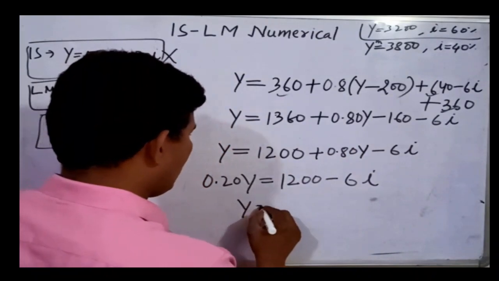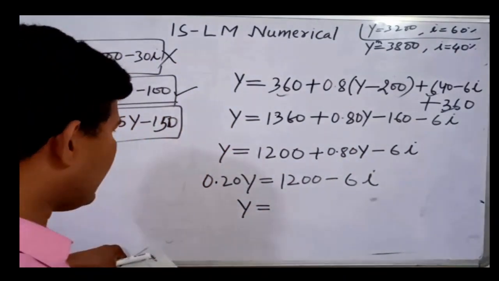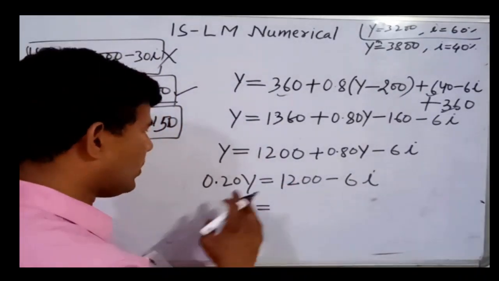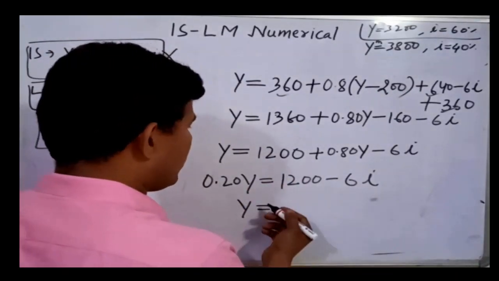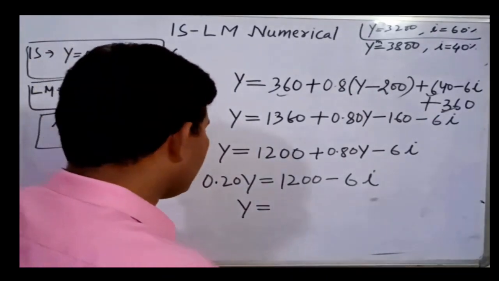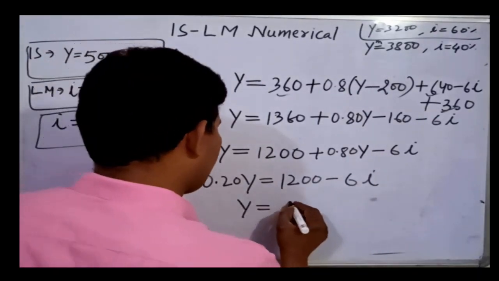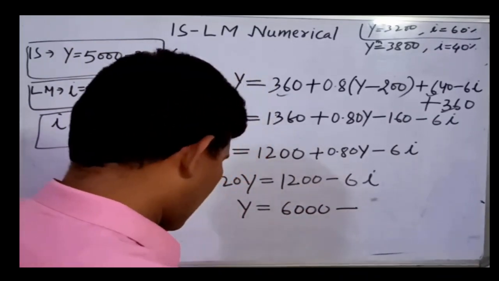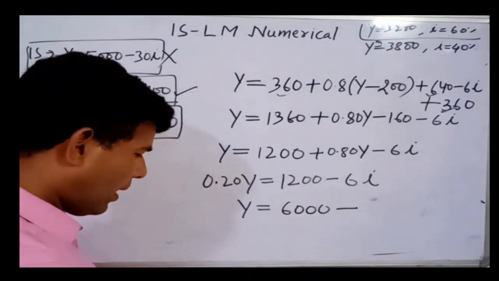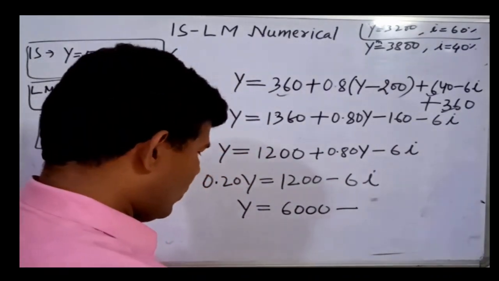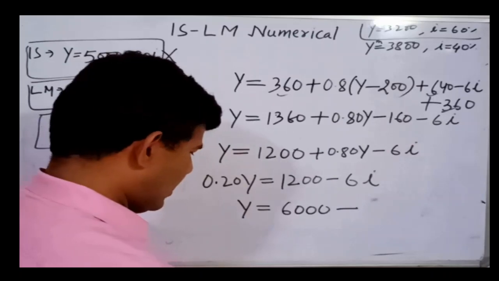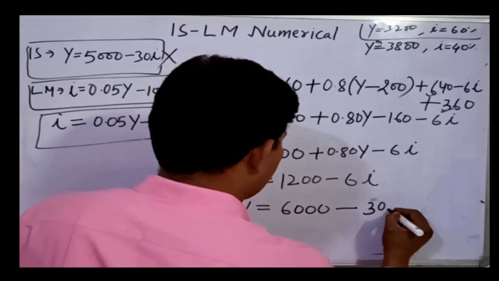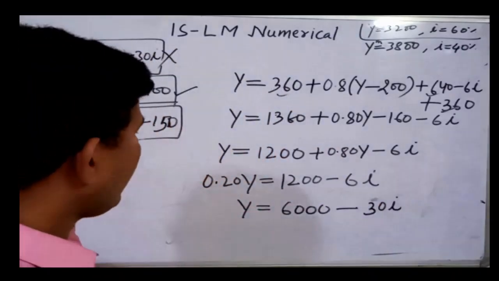If I take Y only to the left hand side, if we keep Y on the left hand side and take this 0.20 to the right hand side, what do we get? 1200 gets divided by 0.2. So how much do we get? We get 6000, right? Minus 30i, okay?